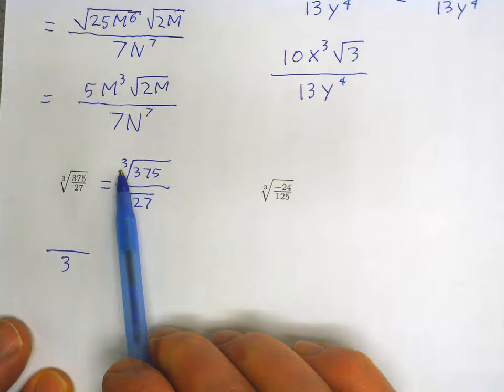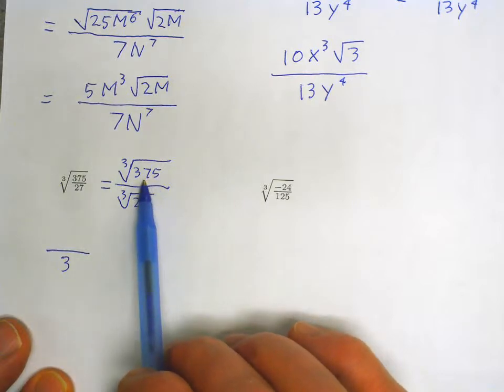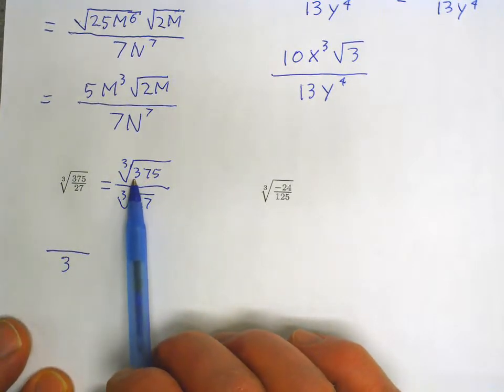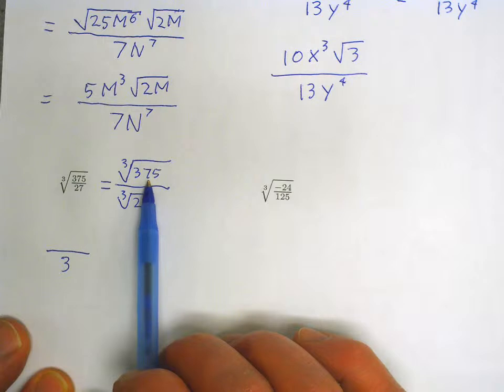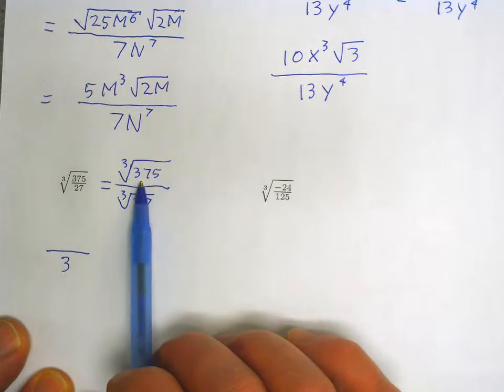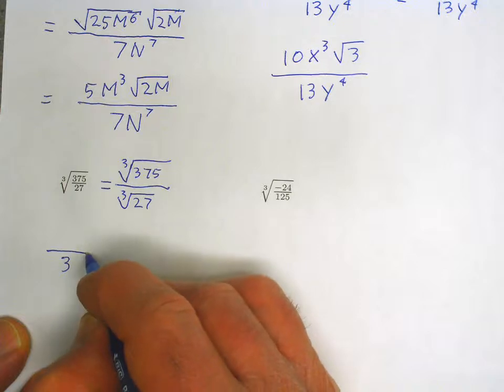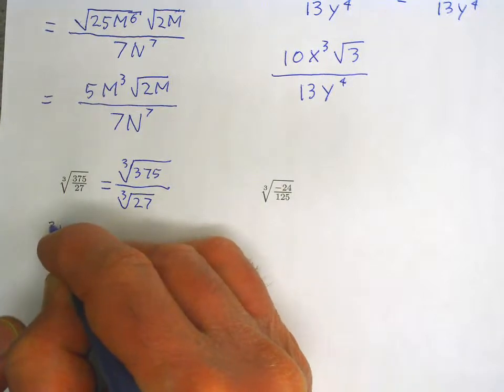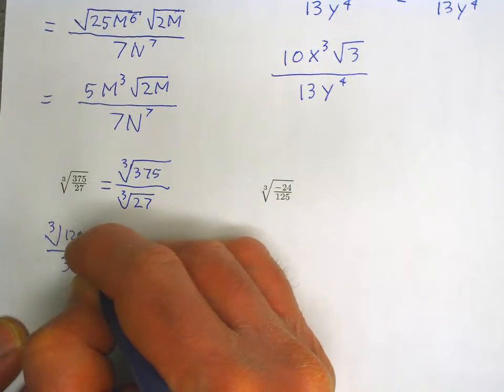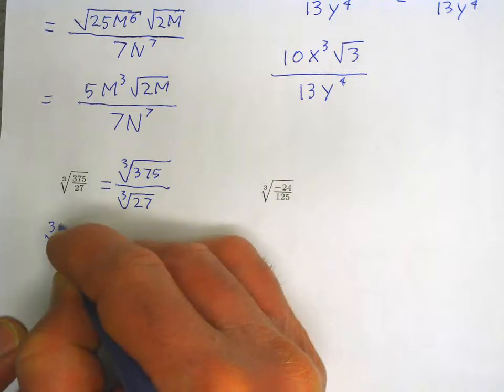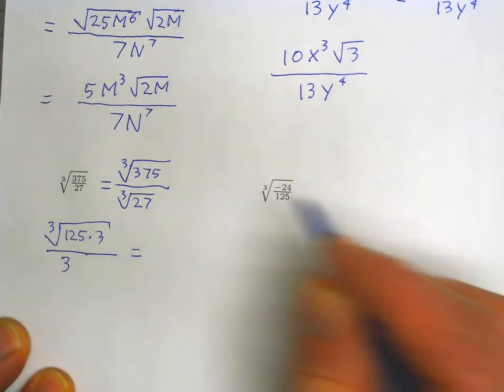And in the numerator, the cubed root of 375, the largest factor of 375 that's a perfect cube is 125. 125 times 3 is 375. So the numerator we'll write as the cubed root of 125 times 3.